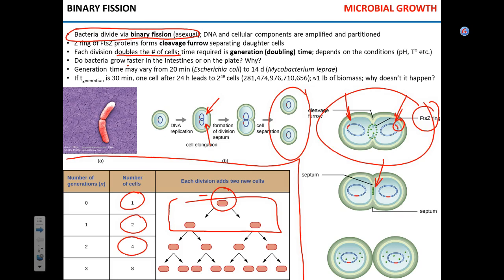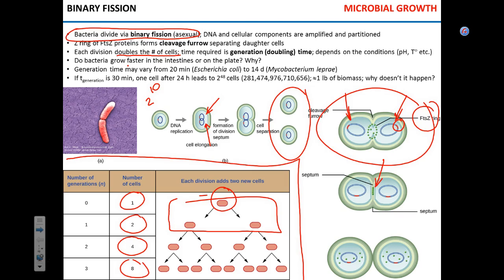After the third, 8. So you can fairly easily calculate how many bacterial cells you're going to have after the 10th round. It's going to be 2 to the power of 10. Does that make sense to you? So first round, 2 to the power of 1, second 2 to the power of 2, third 2 to the power of 3. You multiply by 2.